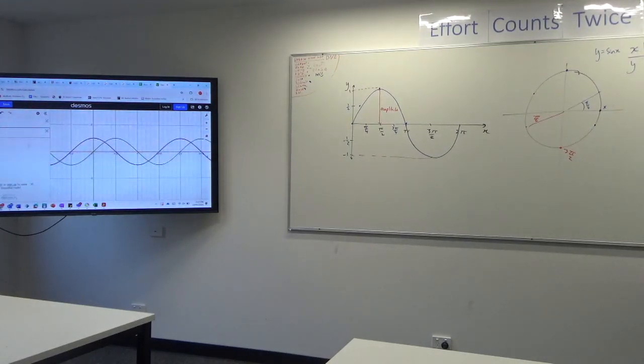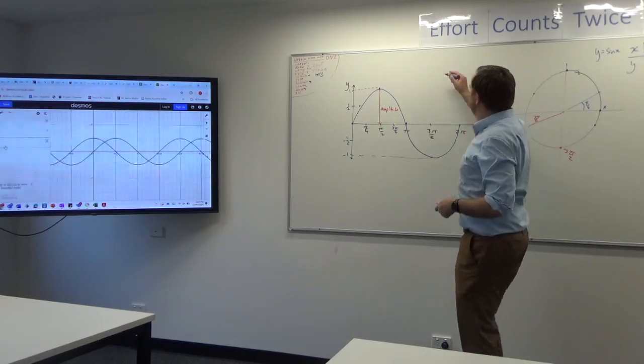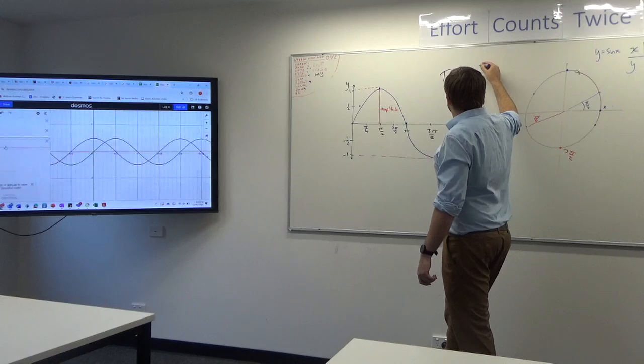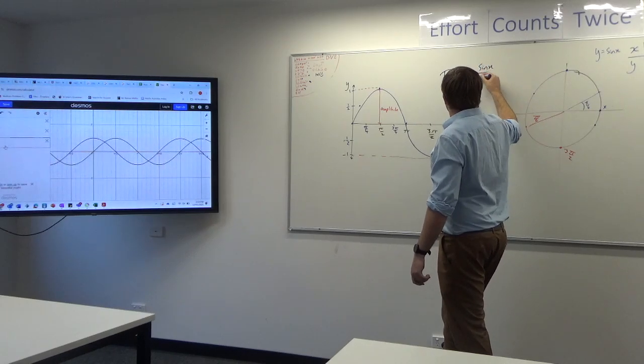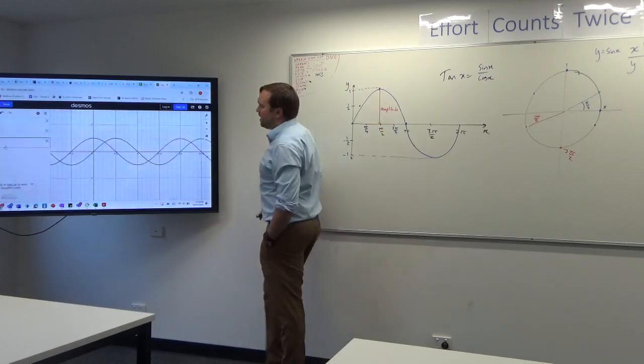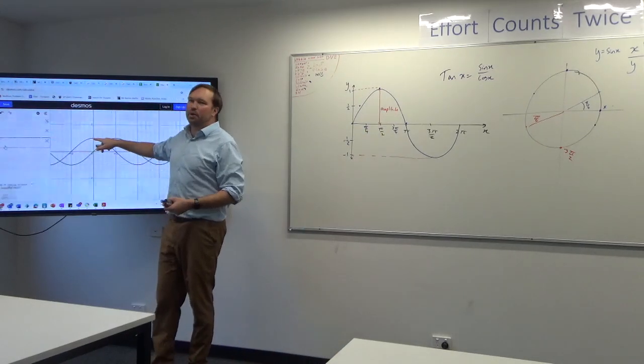Where things get a little trippy, and we're not going to spend a lot of time on this this year or any year, is with the tangent. The tan curve is this, sine x divided by cos x. So you're taking the green line and dividing it by the purple line.